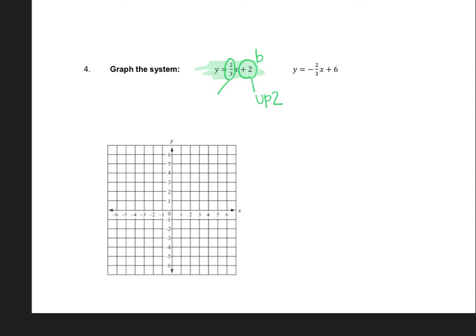So I'm going up 2, right 3. I'm starting at 2, and then I'm going up 2, over 3. Up 2, over 3.